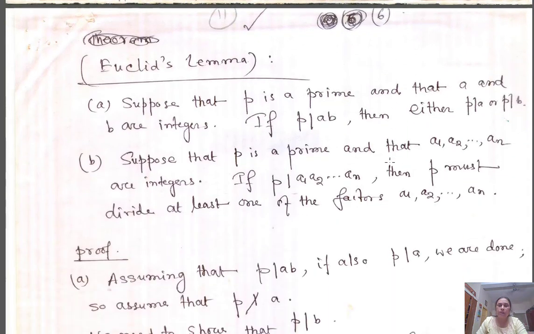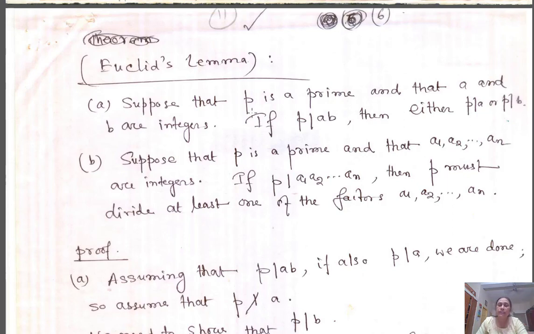Now this lemma we also mentioned in the earlier lecture: suppose p is a prime and a, b are two integers. If p divides ab, then either p divides a or p divides b or p divides both.